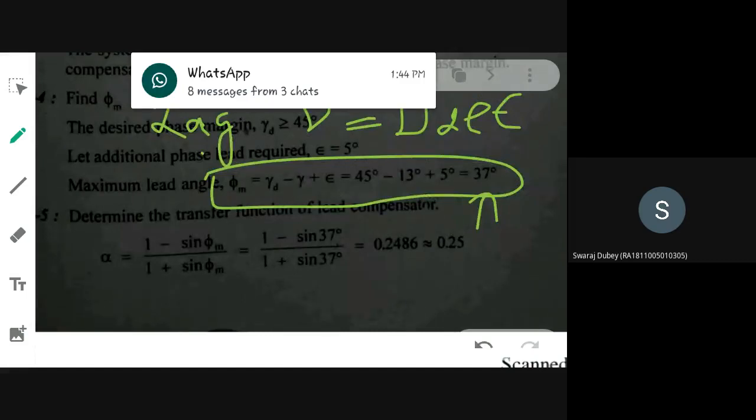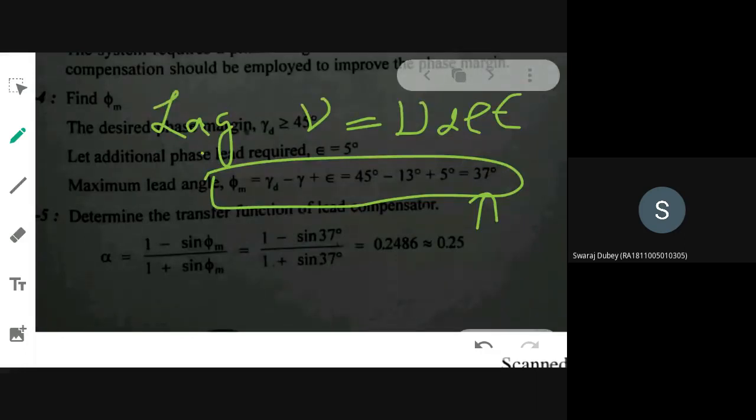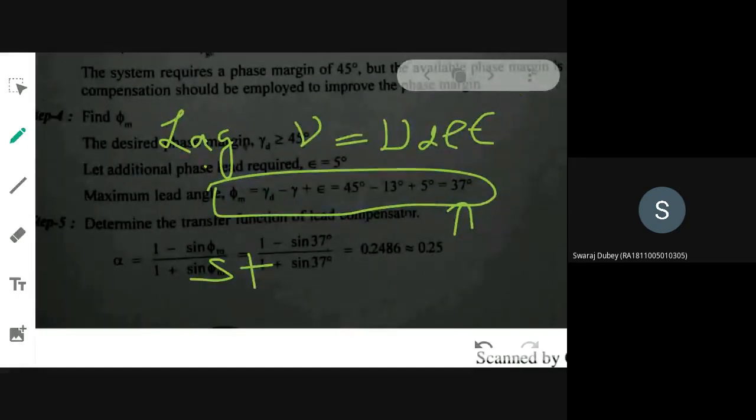Now you want to determine the transfer function of the lead compensator. What is the general transfer function representation for any lead compensator? It is (S plus 1 by T) divided by (S plus 1 by alpha T). What are the unknown parameters you need to find?